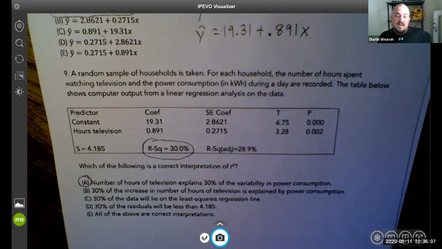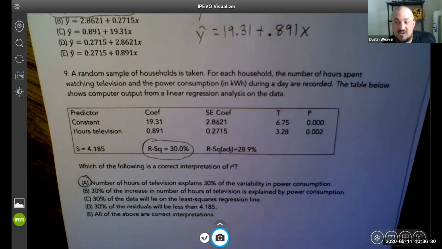That's not a lot, right? If the number of hours of television will only explain 30% of the variability in power consumption, that means 70% of the variability in power consumption is actually explained by something else.